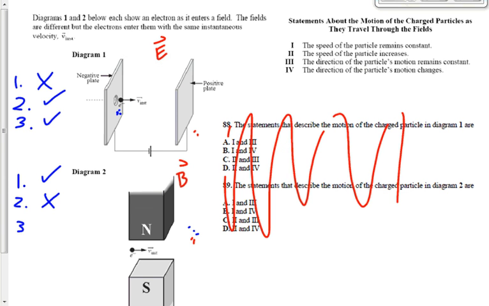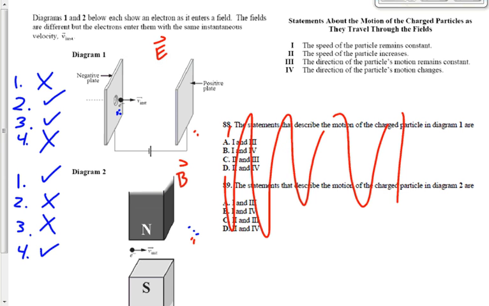Observation number 3 for the second diagram. What's the shape of the path of a particle in a magnetic field? Circle, right? So this is going to be an X. Observation number 4. Does the direction of the particle's motion change? Oh, if the direction remains constant, then it's not going to change. If the direction doesn't remain constant, then it is going to change.